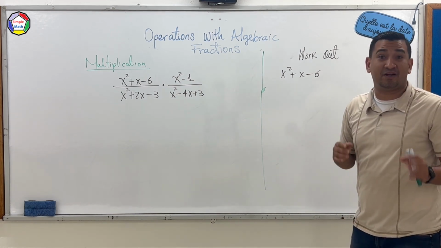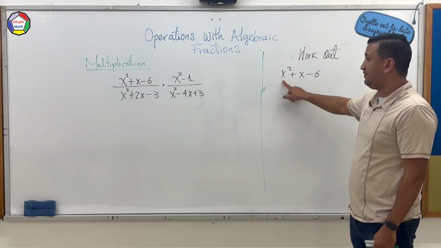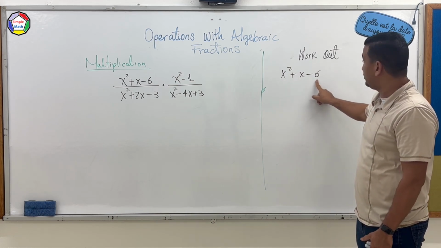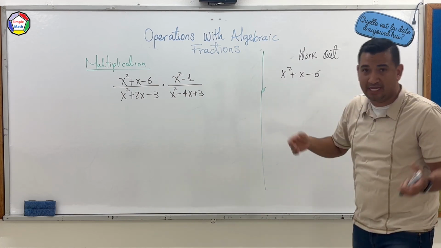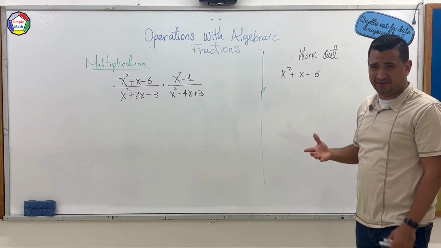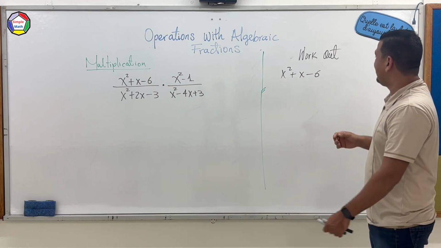Let's check if there is a perfect square trinomial. To have a perfect square trinomial, this one must have a square root, and this one must have a square root. This one has a square root, but this one doesn't, so it's not a perfect square trinomial. It looks like a trinomial in the form of x squared plus bx plus c.